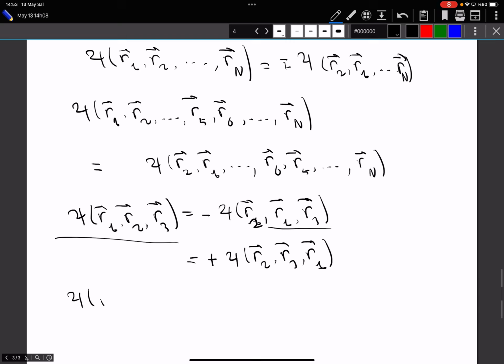If we do 1 and 3 first, and then 1 and 2, the result is the same. So what's the problem?